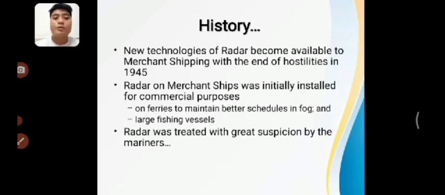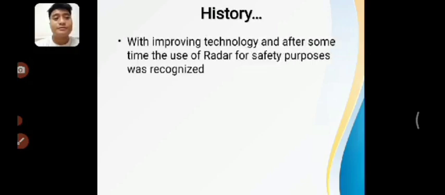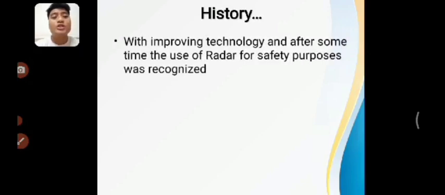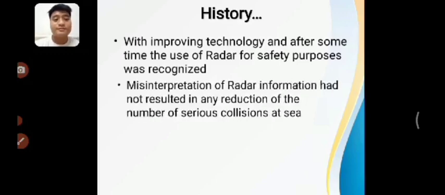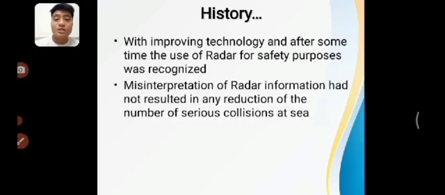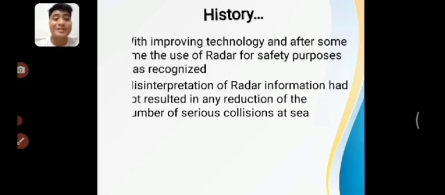Radar was treated with great suspicion by the mariners. With improving technology, after some time, the use of radar for safety purposes was recognized. Misinterpretation of radar information had not resulted in any reduction in the number of serious collisions at sea.